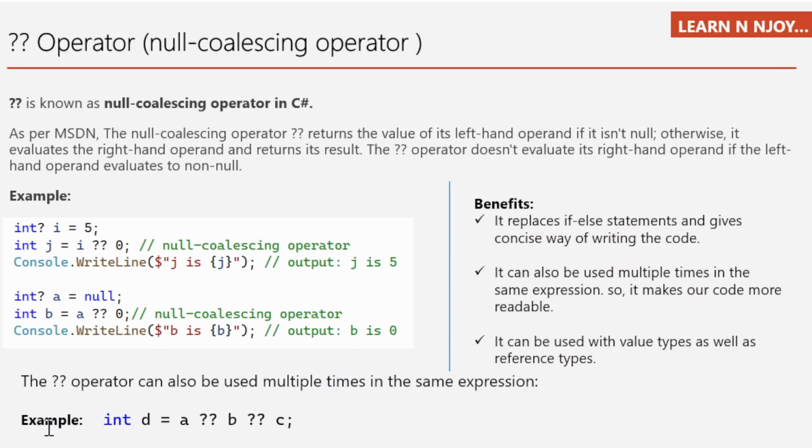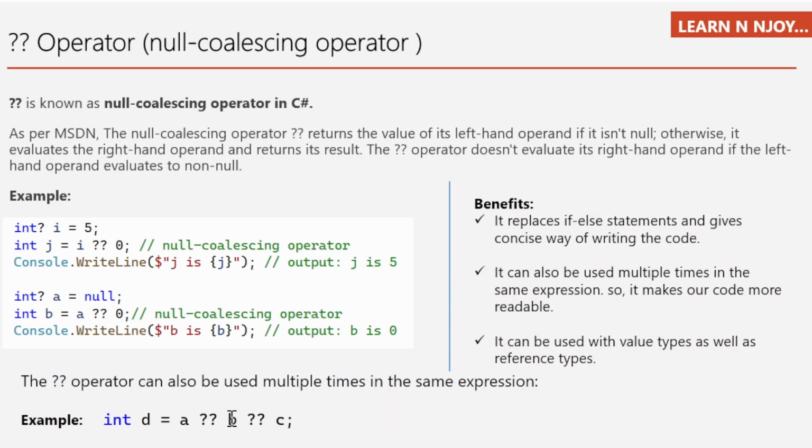Okay, so this operator can also be used multiple times in the same expression. If you see here, int d is equal to a double question mark b double question mark c. What does it mean? It will verify whether a has a null value or not. If it has a null value, then it will go and verify the b variable, right?